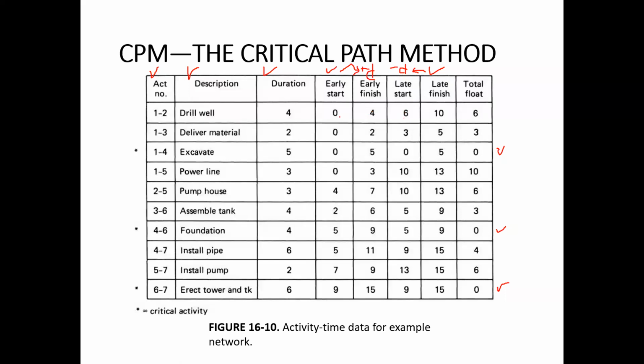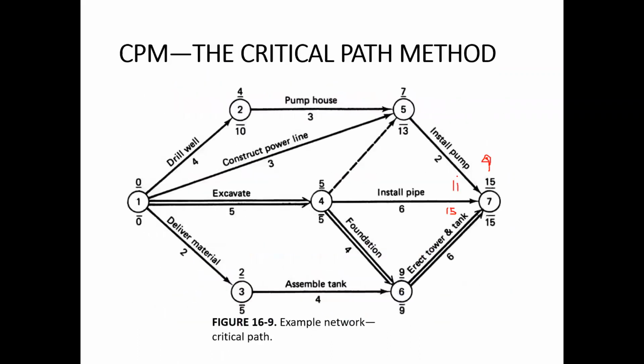So it means that although it can start as early as 0, it can start as late as 6 weeks without delaying the project. And we can also see this from this diagram. Suppose instead of 0 it is 6. Then it will be 6 plus 4 is 10. So this value will be 10.